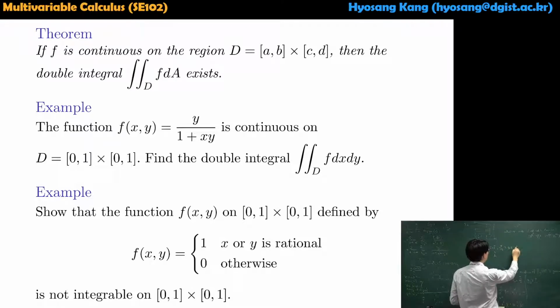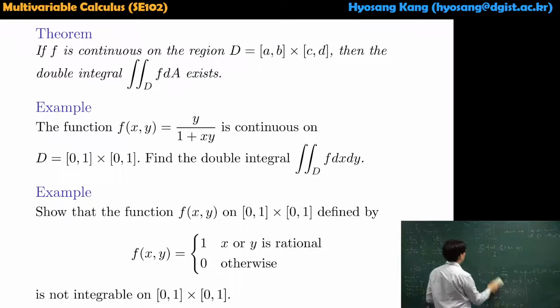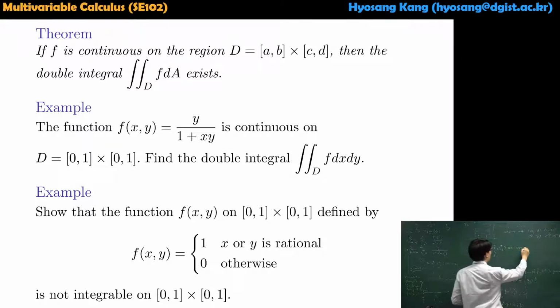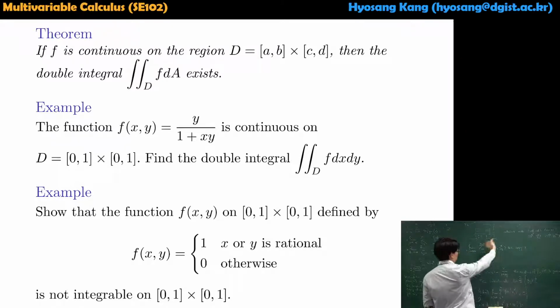For each subinterval times delta xi delta yj, i, j equals 1 to n and m, and take the limit as it goes to infinity. So I don't have to worry about the value of this function because it's always going to be 1, because I'm always choosing a rational point.